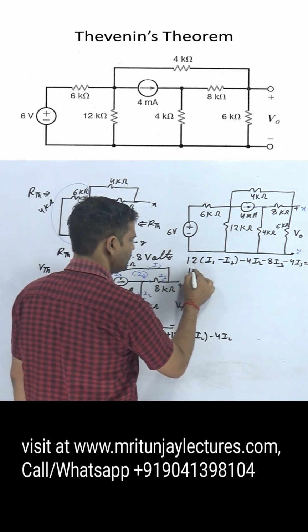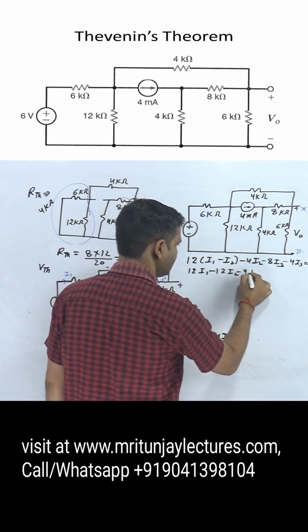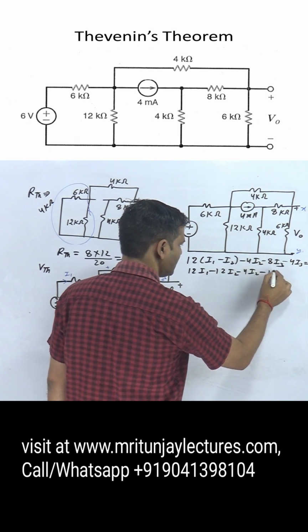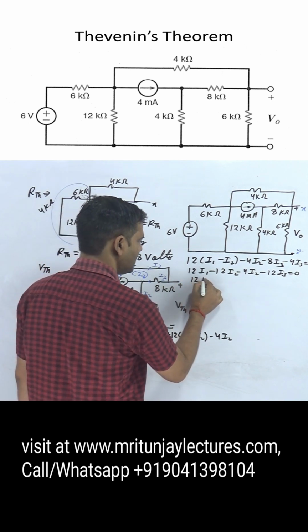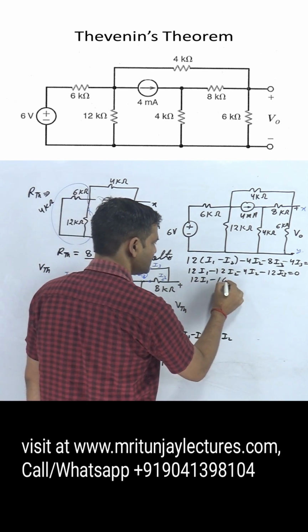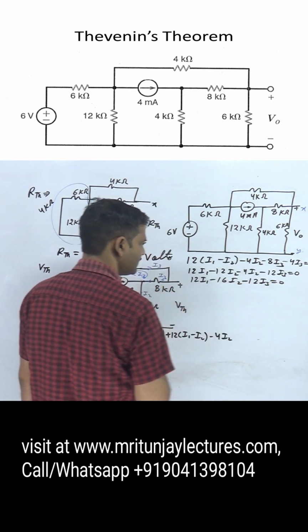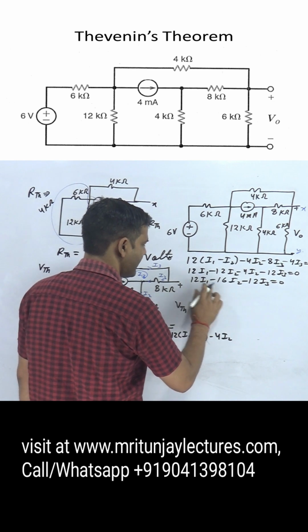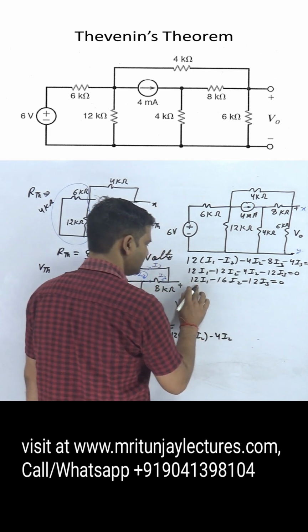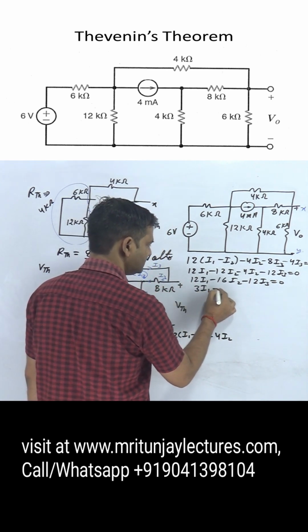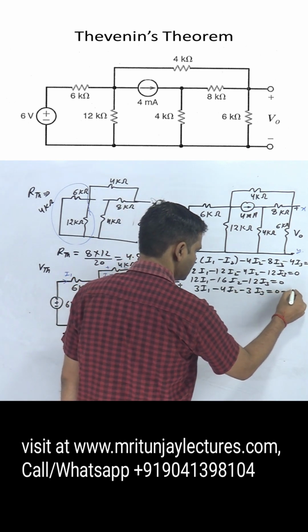Now that is 12 I1 minus 12 I2, and that is 4 I2, and that is 12 I3, this will be equal to 0. 12 I1 minus 16 I2 minus 12 I3, this will be equal to 0. Dividing by 4, that is 3 I1 minus 4 I2 minus 3 I3, this will be equal to 0, equation number 2.